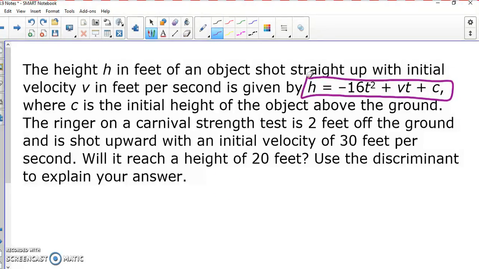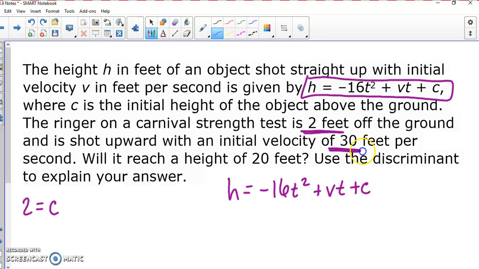So we're going to take this equation here, and we are going to determine if it's ever going to reach 20 feet. So first of all, we need to identify what they're giving us. Okay, so first of all, it tells us that the ringer is 2 feet off the ground. So 2 is going to represent our C value, because they said that C is the initial height.